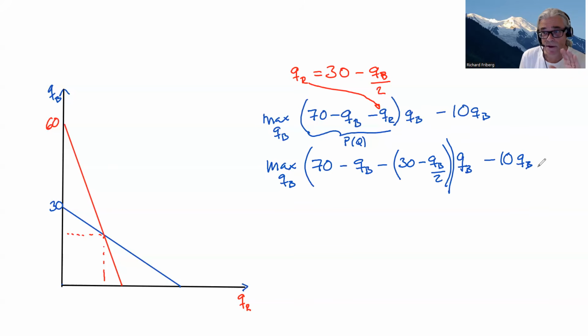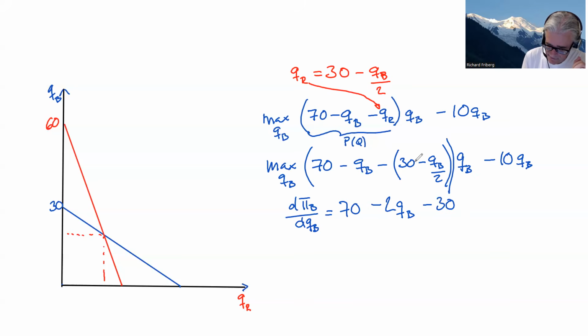As usual, we're going to be looking at the top of the hill where profits are the highest. We want to look at the first order condition for profit maximization. So we're differentiating profits for blue with respect to QB. So just 70 minus 2 QB, then minus 30, that's minus 30 QB differentiated, and then minus minus QB squared over 2 becomes plus, differentiated with respect to QB, just plus QB.